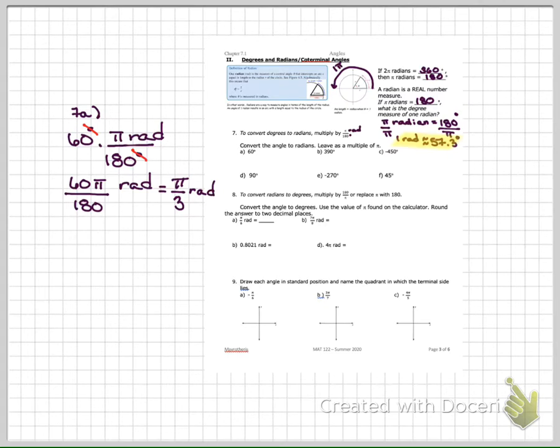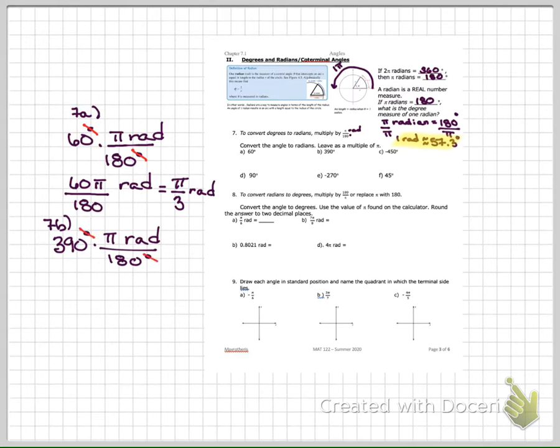Okay, let's see if we can get them all over here on this side, and then we'll do 8 on the other side of the page. So 7b, we've got 390 degrees. Again, times pi radians over 180 degrees. We are going to make sure that we are conscious of why we are multiplying the way we are.